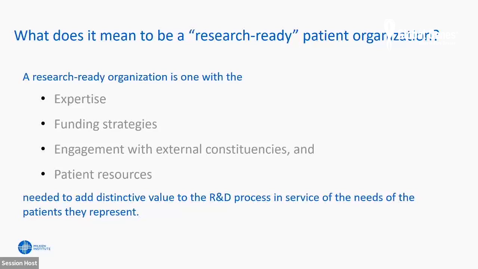So we put together a maturity model, which is basically a framework that characterizes people, processes, and tools across critical dimensions that are relevant to the particular area, in this case, being a research-ready organization.